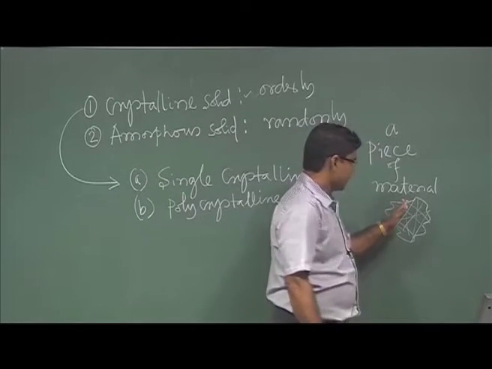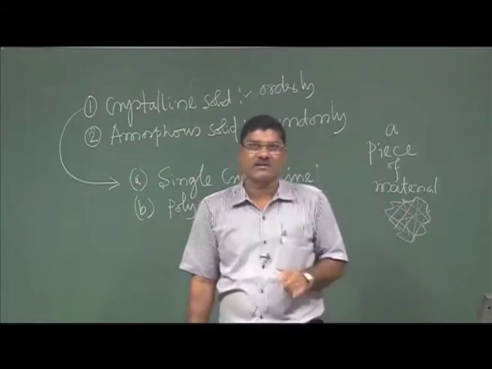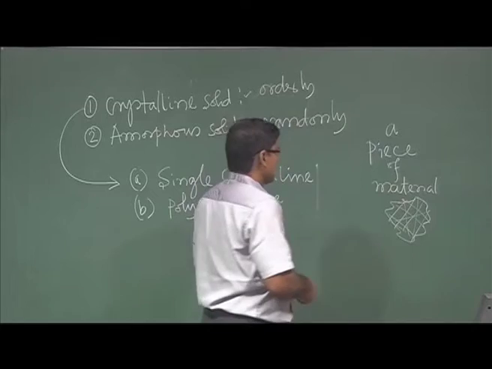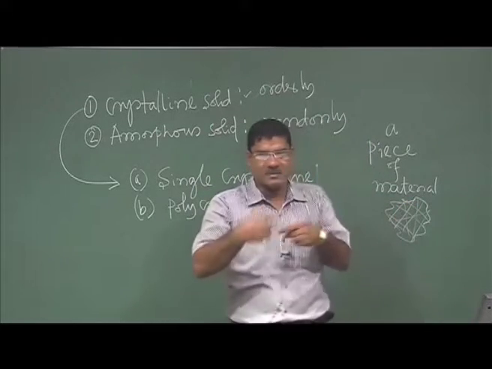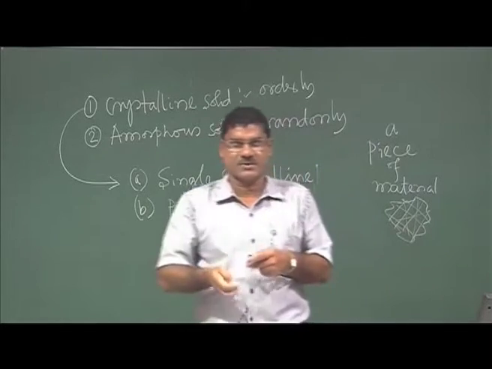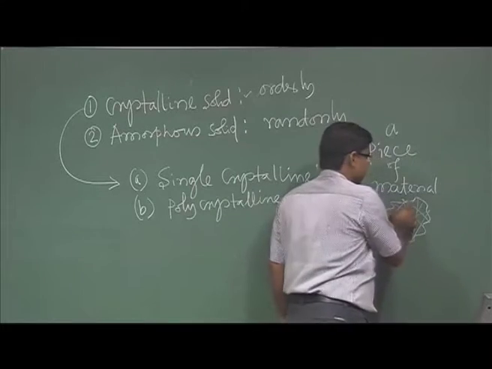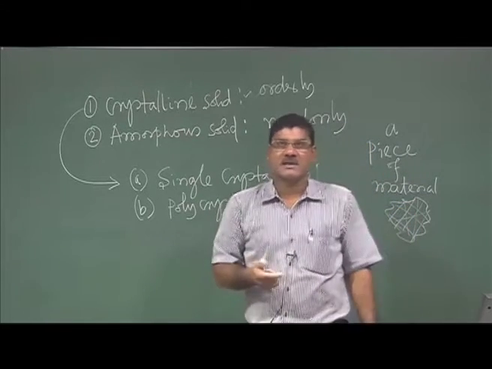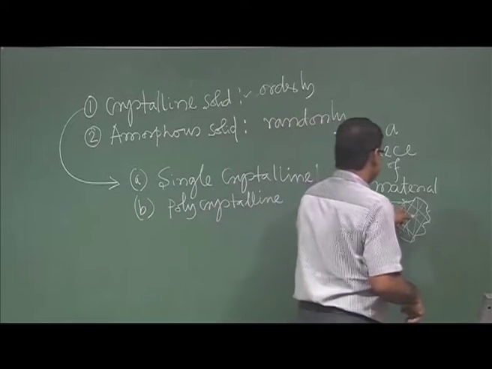But during the arrangement of the atoms in the solid, sometimes if interruptions are there, if arrangements are interrupted, then it will not be single crystalline, it is called polycrystalline.